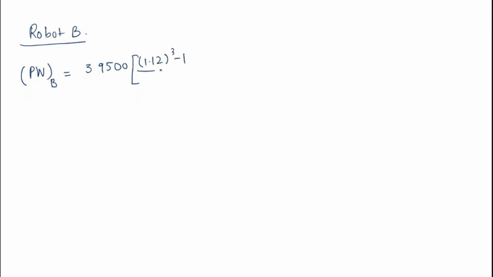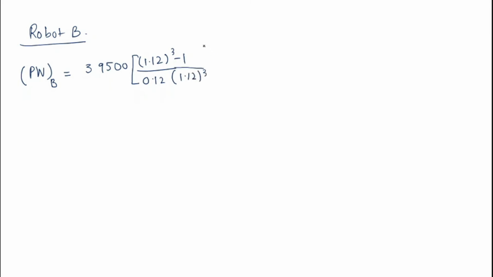So if I'm interested in finding out the present worth of robo B, if you draw the cash flow and write down the expression, it will be like this: 939,500 times (1.12 to the power 3 minus 1) upon (0.12 times 1.12 to the power 3).